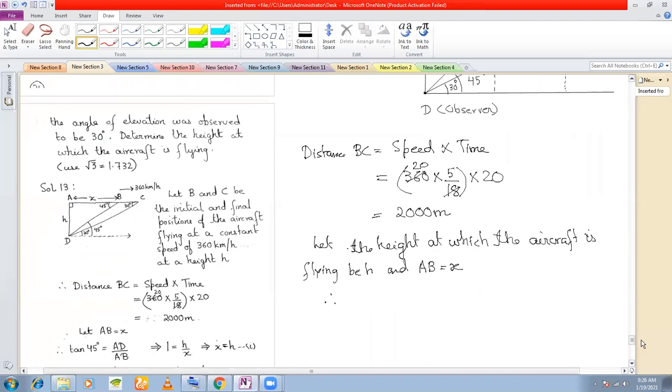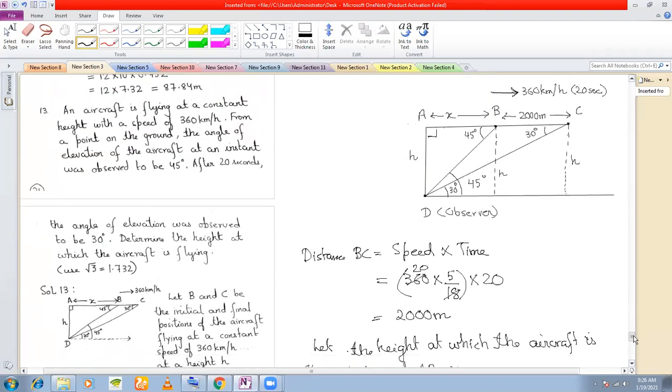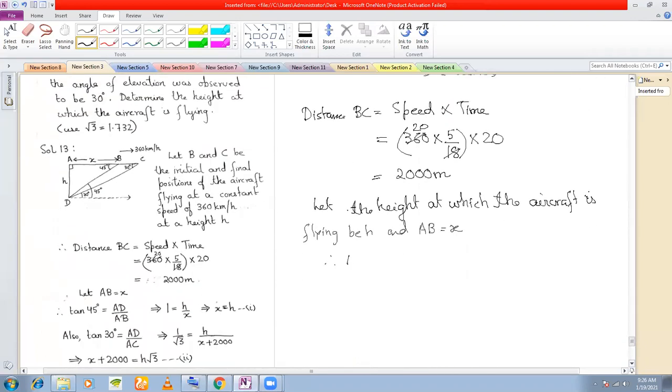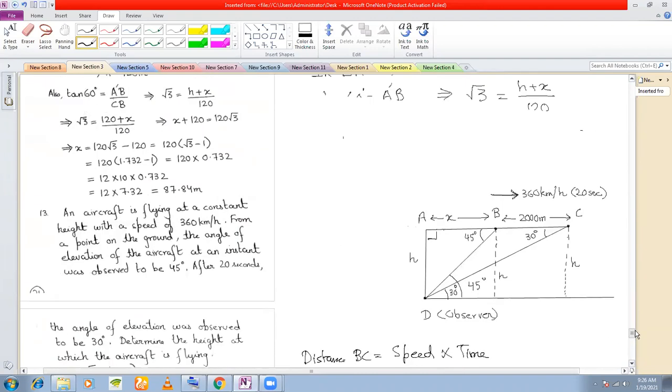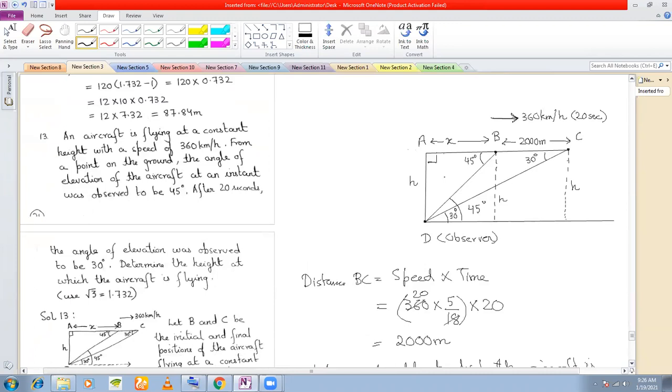Therefore, what is your height h? It is AD. So let's write AD is equal to h. Now we make use of this right angle triangle here, ADB, to find a relation between h and x, just as we do for type 1 figures.